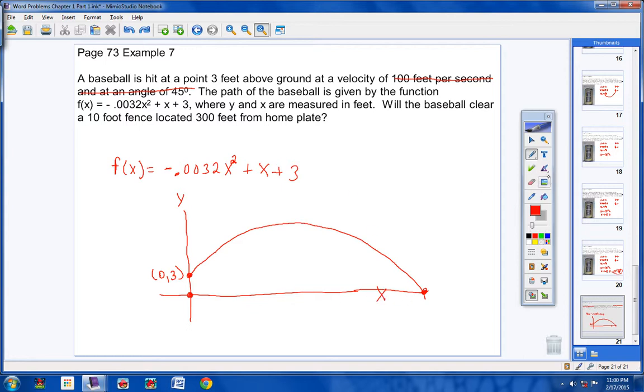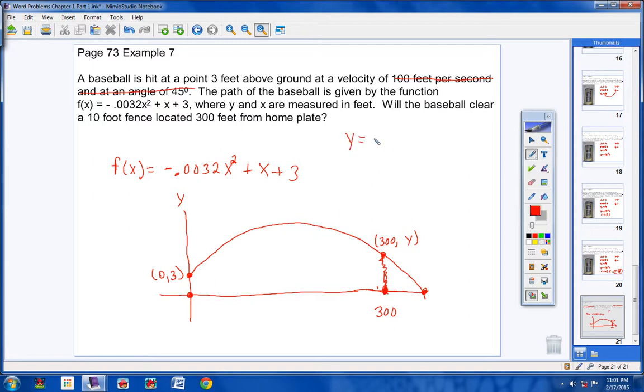Let's pretend that right here is 300 feet. If I want to know how high the ball is, then I'm looking for this ordered pair right here. Over 300 and up how far? Y. So students, all you have to do is put 300 in for x, and that will give you a y value, right?